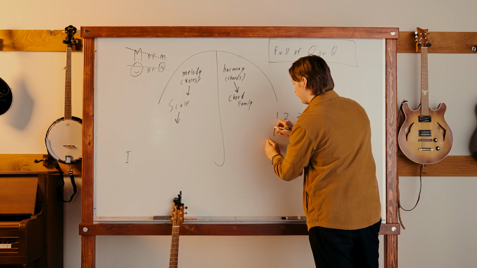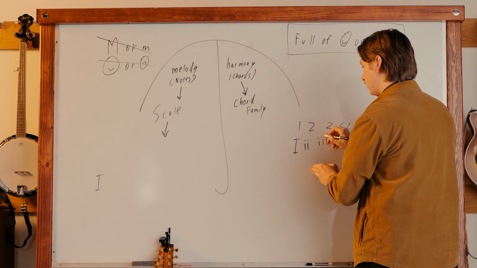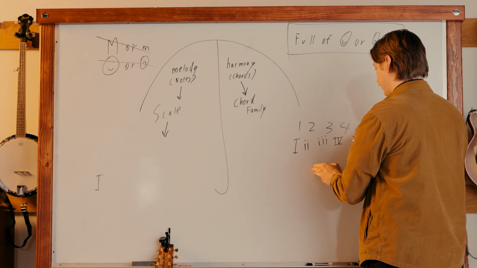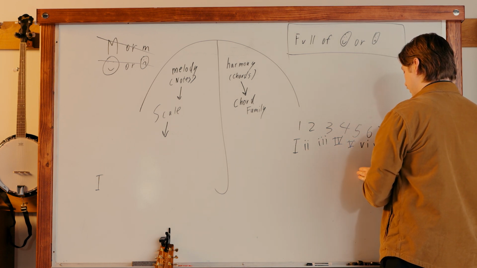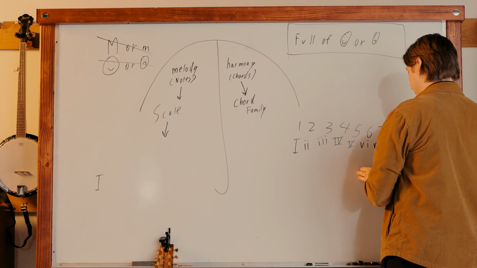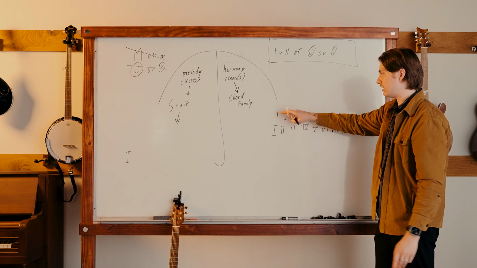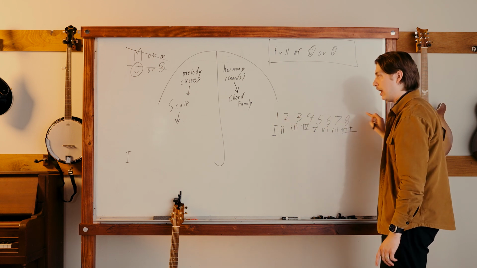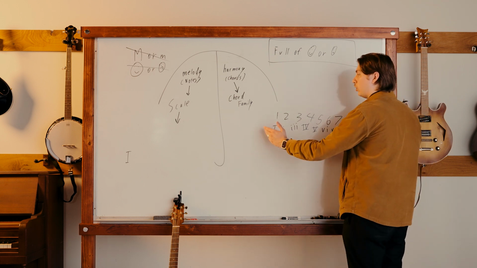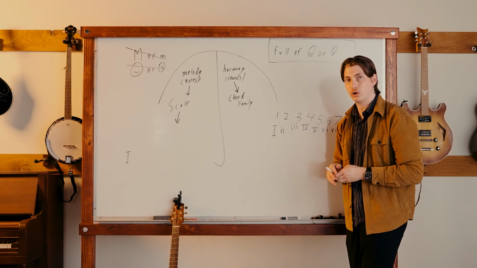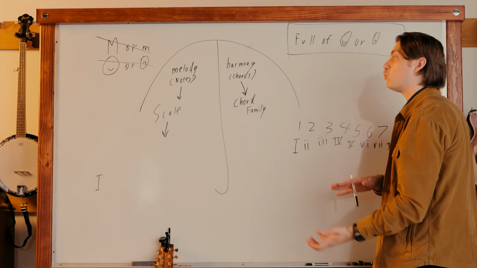In Roman numerals, it uses little lines and some letters to say the same thing. This is what the Nashville Number System uses. So these are called Roman numerals. Can you say Roman numerals? Fantastic. So we have the Nashville Number System and Roman numerals.